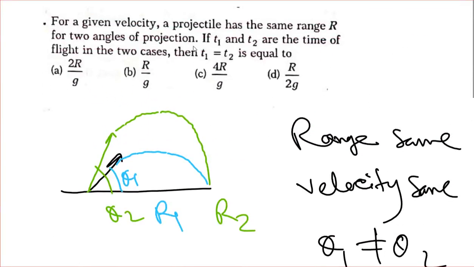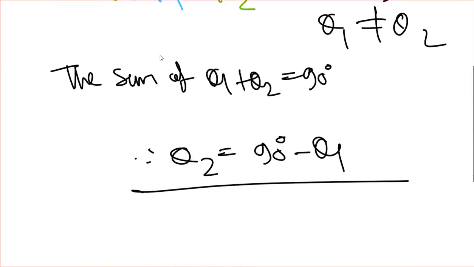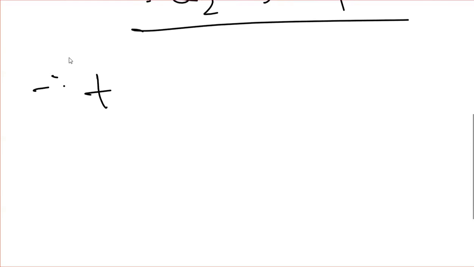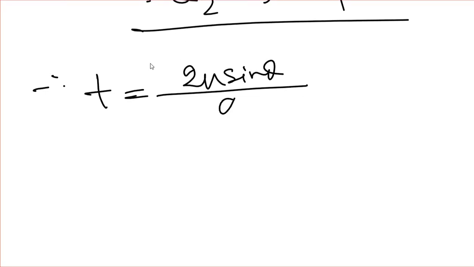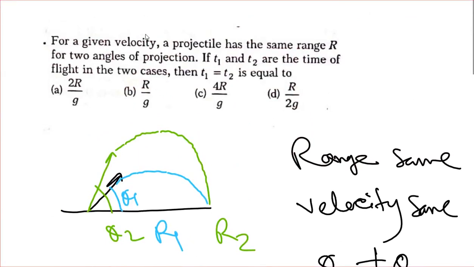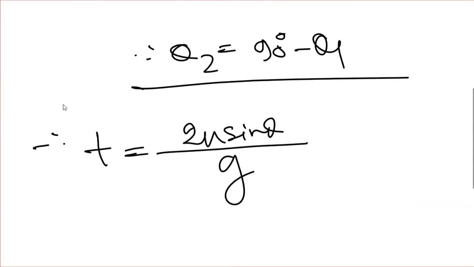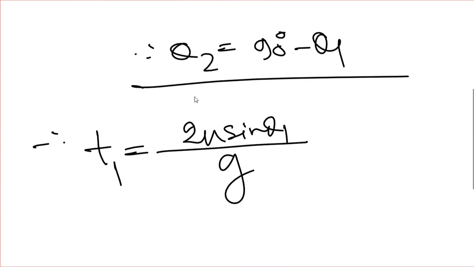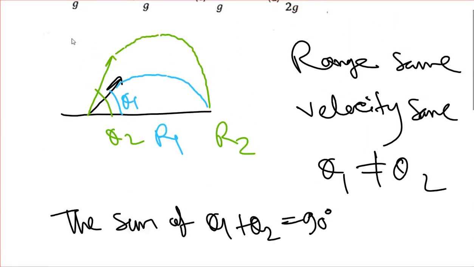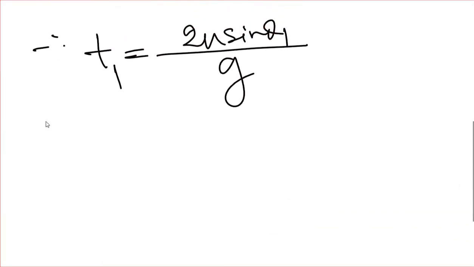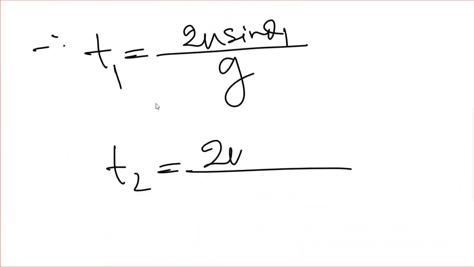Now what we have to do: t1 and t2 are the times of flight. As we know, the formula of time of flight is T = 2u sin theta divided by g. For the first angle of projection, theta 1, t1 is 2u sin theta 1 divided by g, and for the second one the time of flight will be 2u sin theta 2 divided by g.